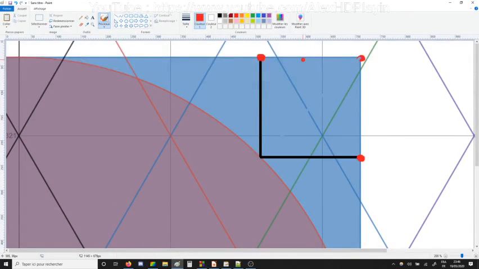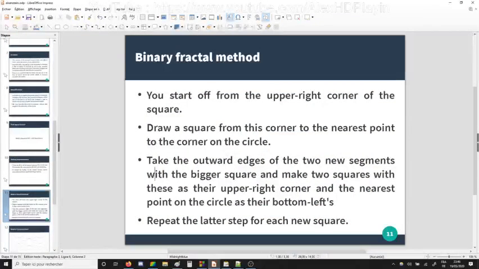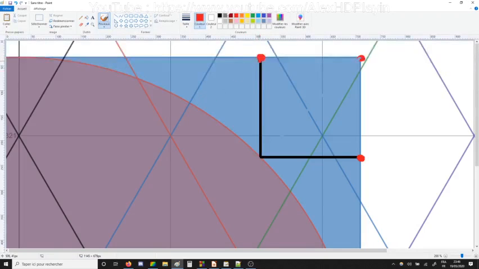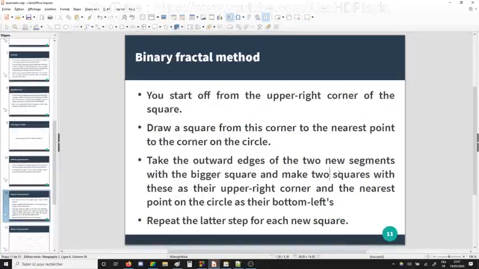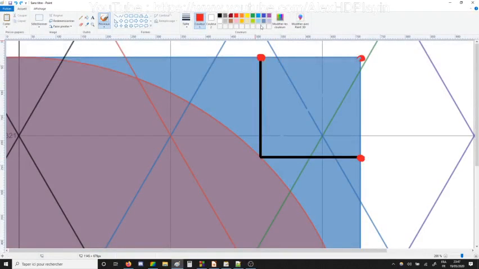Then make two squares with these as their upper right corner. So we're going to make two squares for which the upper right corner is this one and the other one is this one. But what's the other corner? The nearest point on the circle as their bottom left. So we're literally going to do the same thing.